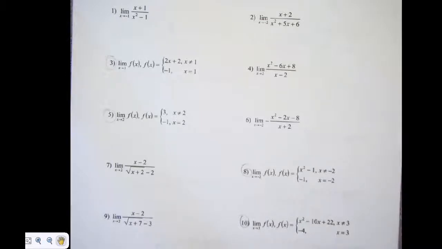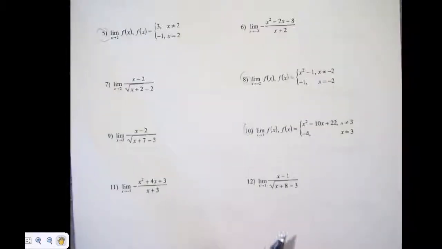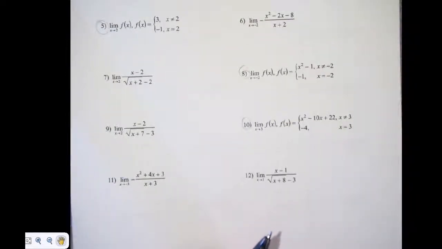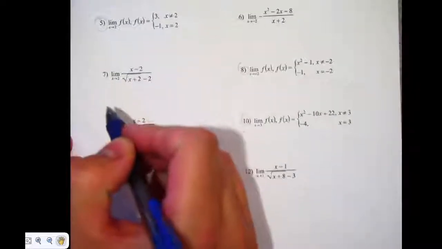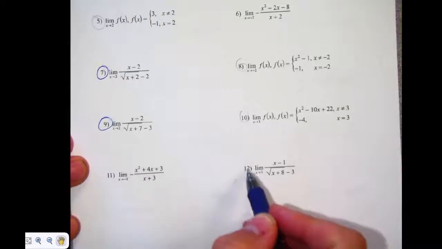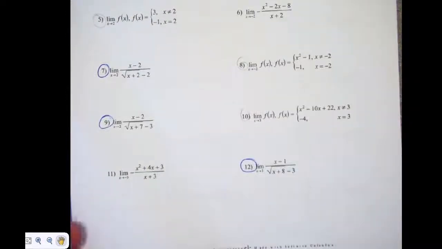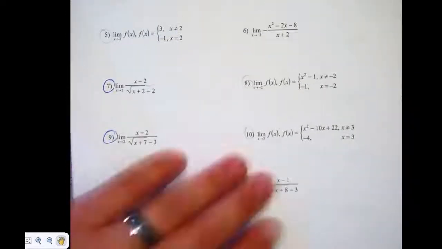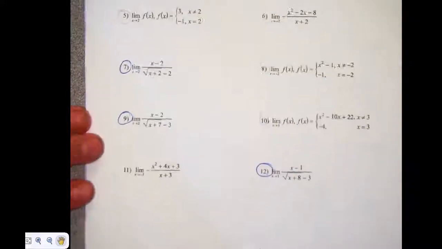Okay, so get out the same packet that I gave you before. We have not gone through how to do number 7, number 9, or number 12. But I believe, I'm just double checking, everything else on there is fair game, and that's the rationalizing.